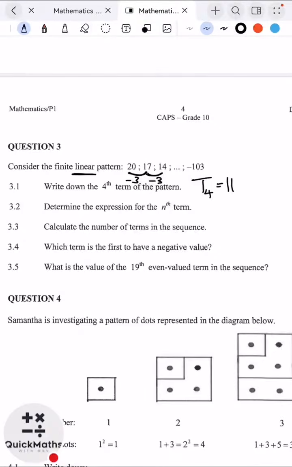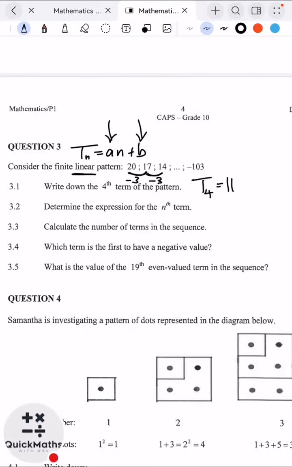The next question, express or determine the expression for the nth term. So now what we want is the general equation. So we know this is linear, so we're going to be able to say Tn equals an plus b. Okay, so because it's linear, we can write that as a general equation. We need to know then a and b, those are unknowns.